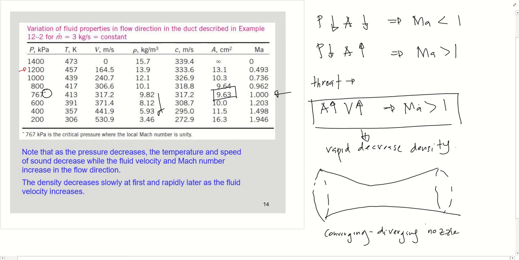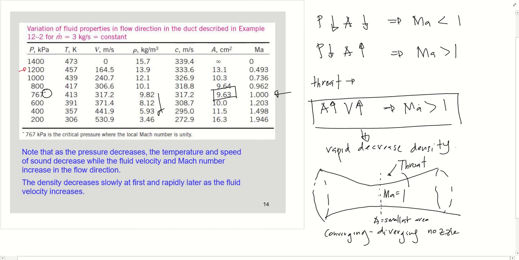And the smallest area here is known as the throat. So what happens at this condition? Mach number equal to unity.